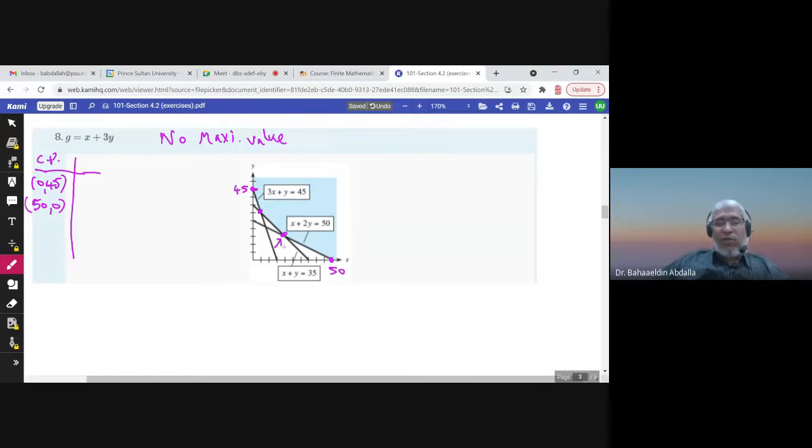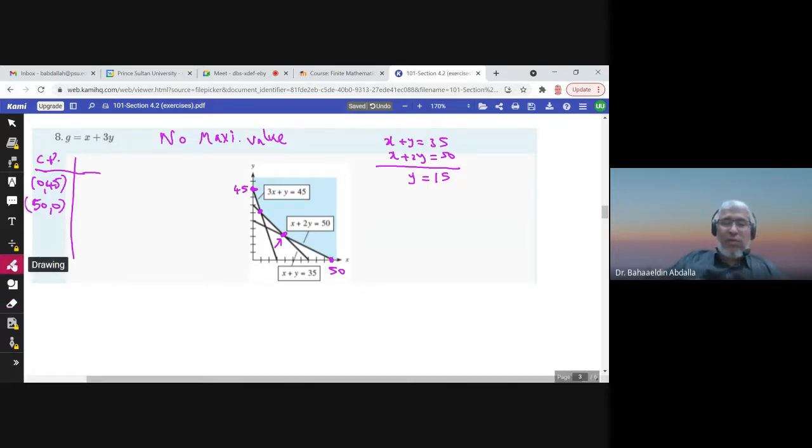Well, this corner point is the intersection point of this line, which is x plus y equals 35, and this line, which is x plus 2y equals 50. If I just subtract, x minus x is 0, 2y minus y is y, 50 minus 35 is 15. So y is 15 immediately.